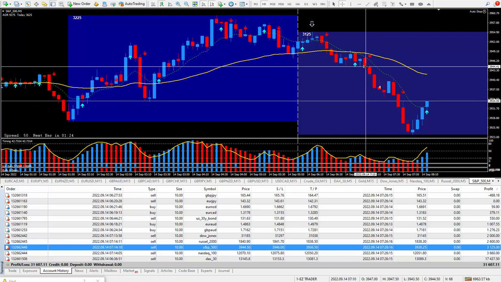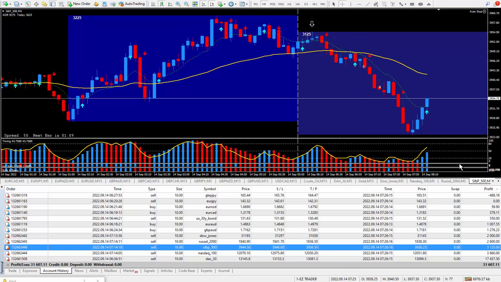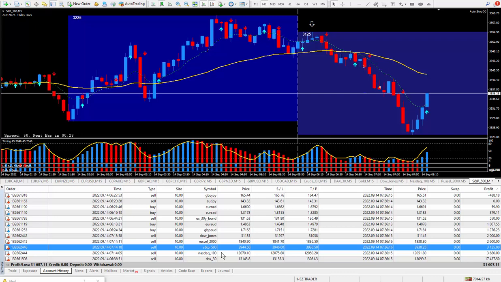Calculator says that this should be 62 ticks. Could have made about 200. But again, I was happy with the 62. There it is right there. You remove the last digit. 62 times 5 times 10 lots paid out $3,125.